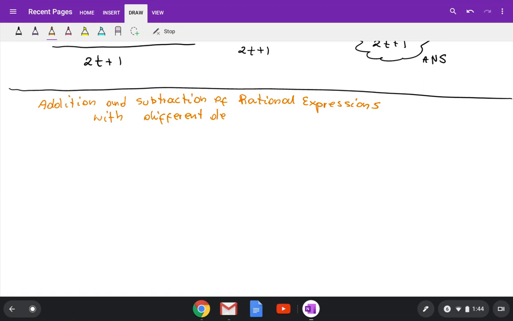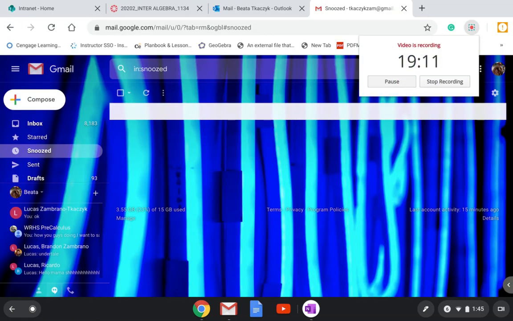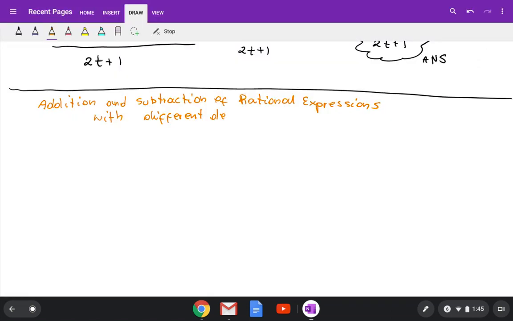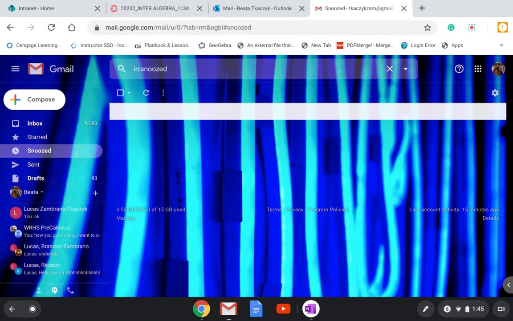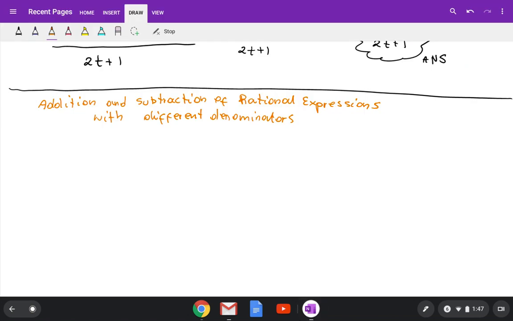Okay, with different denominators. Okay, so let me give you steps, okay? Different denominators, that's what you guys will see more often, okay?